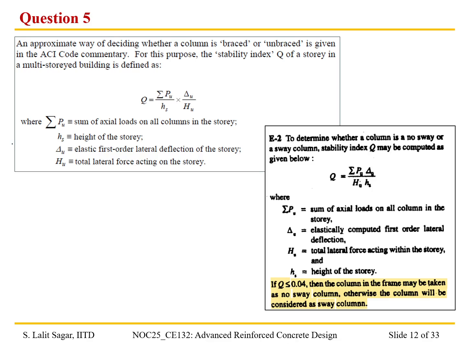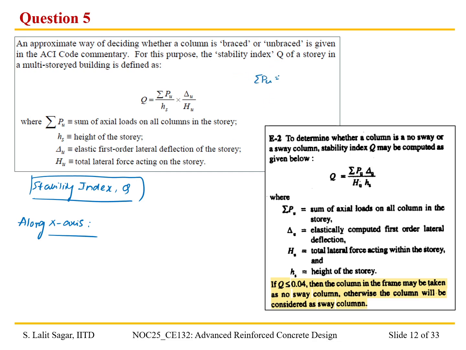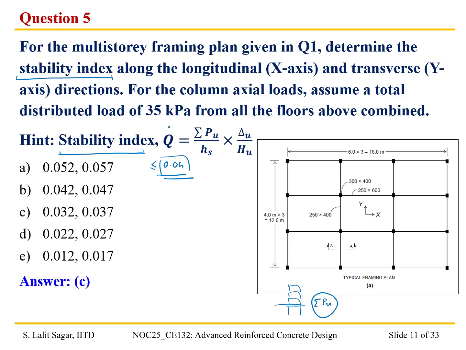Let us proceed to find the value of the stability index Q along the x-axis and the y-axis. Here, to determine the value of sigma pu, we have some data. Sigma pu, the summation of all the axial load carried by the column, is given by 35 kPa multiplied by the area of the framing plane.